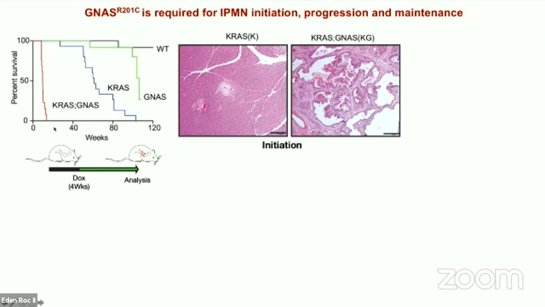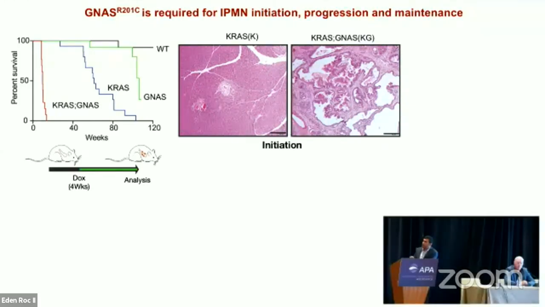Histopathology showed that our animals make IPMN subtype lesions, which are very distinct from PanIN.